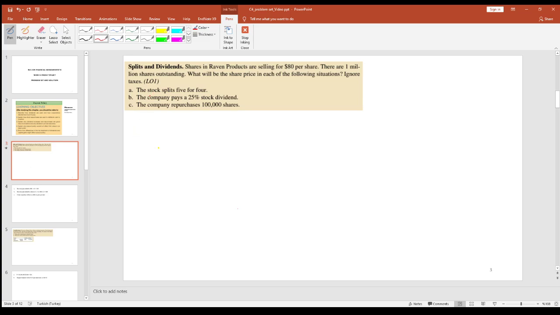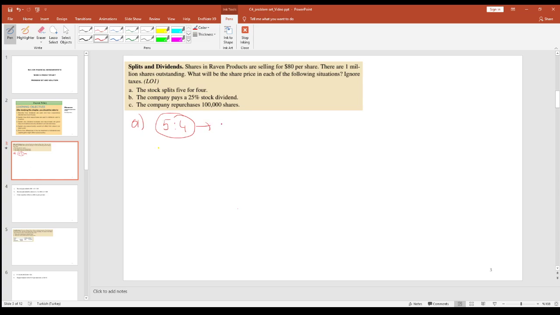So A, the stock splits 5-for-4. So split, if you remember, let me just draw this. 5-for-4 means in the new case 5 shares will be equal to 4 shares. In other words, we are going to split shares by this ratio.